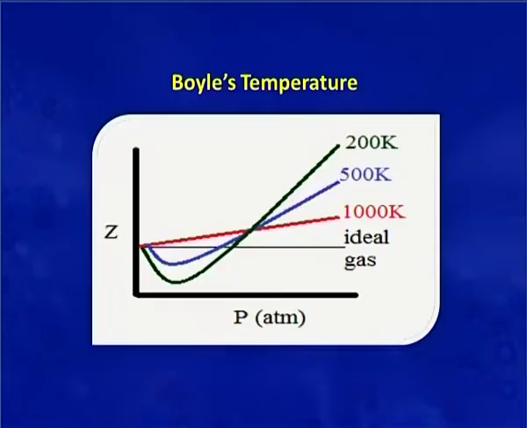Now, let us start a new topic, that is Boyle's temperature. As you have noticed, as the temperature is raised, the dip in the curve decreases. As you can see here, this is the graph for 200 Kelvin. As the temperature increases, here at 500 Kelvin, the dip decreases and the position of the minimum moves to left.